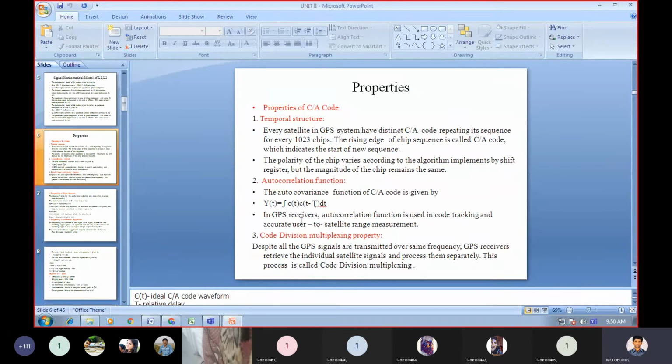So the magnitude is the same, but the phase differs. Just the phase changes.